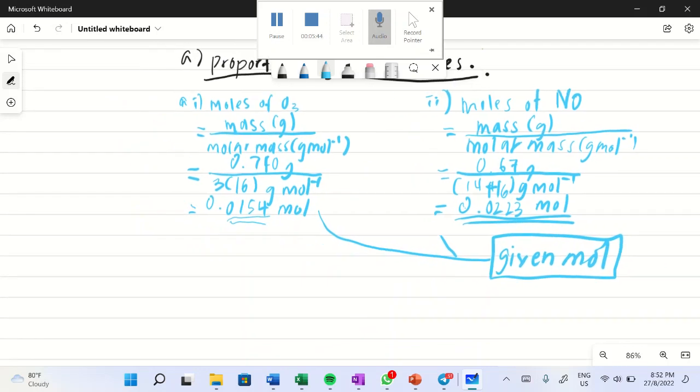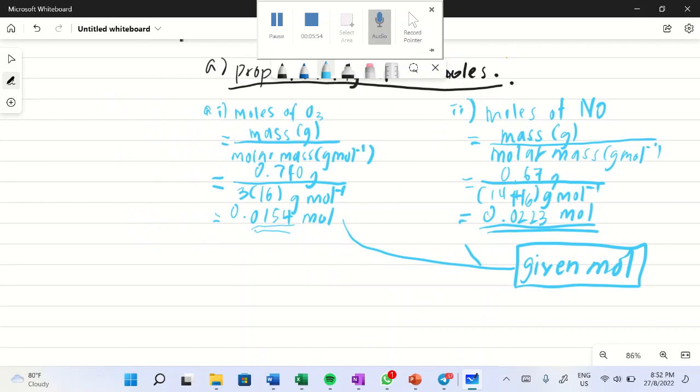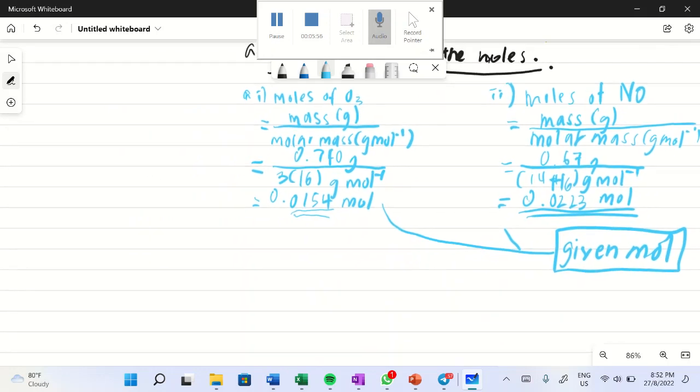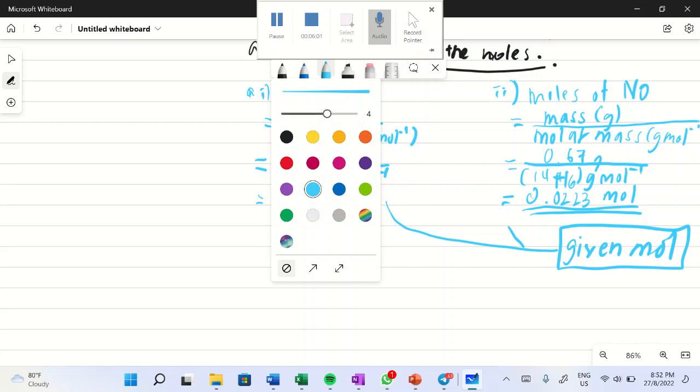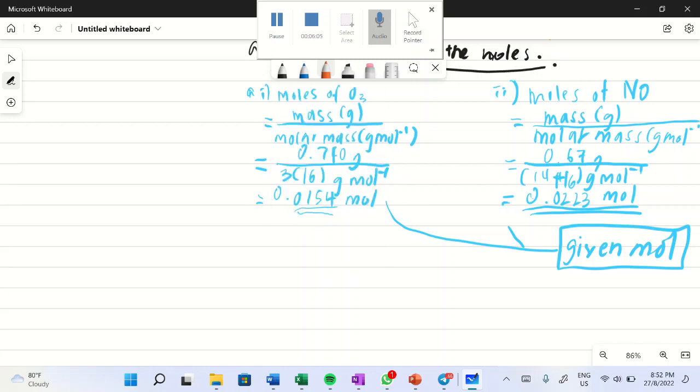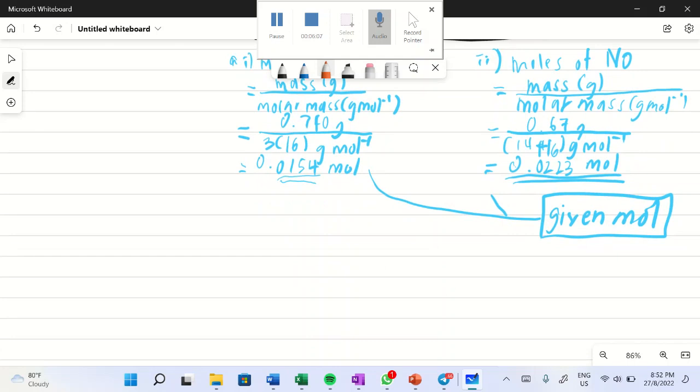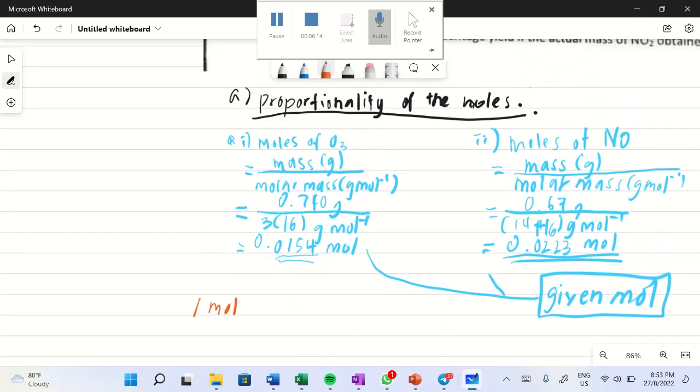It means that this mole was already given to us. And next, we have to make a proportionality. So how to make a proportionality of the reactant? So 1 mole based on the balanced equation.